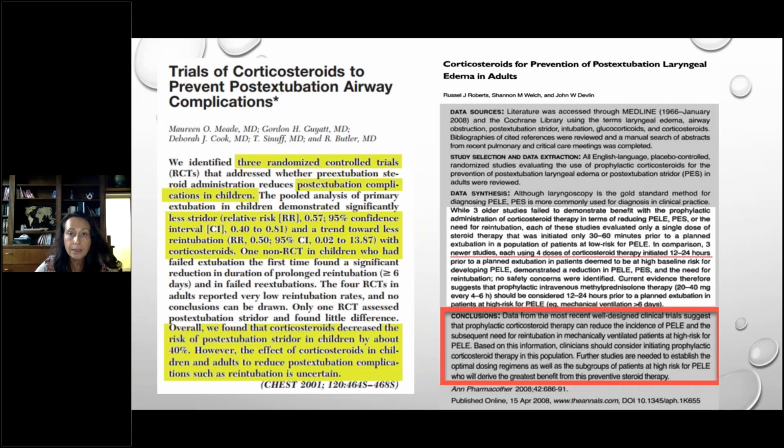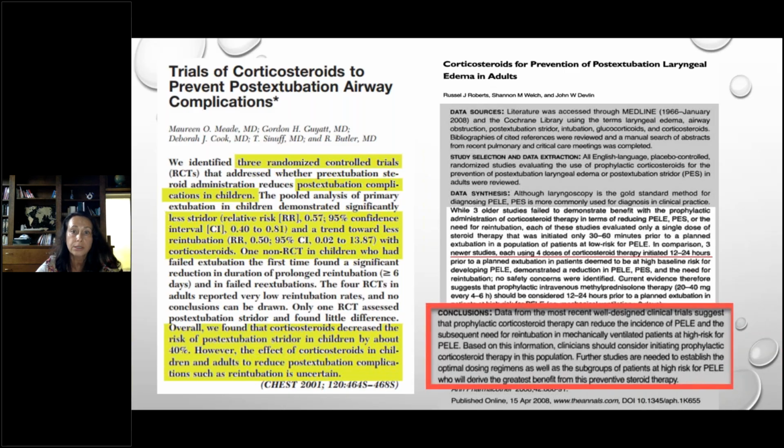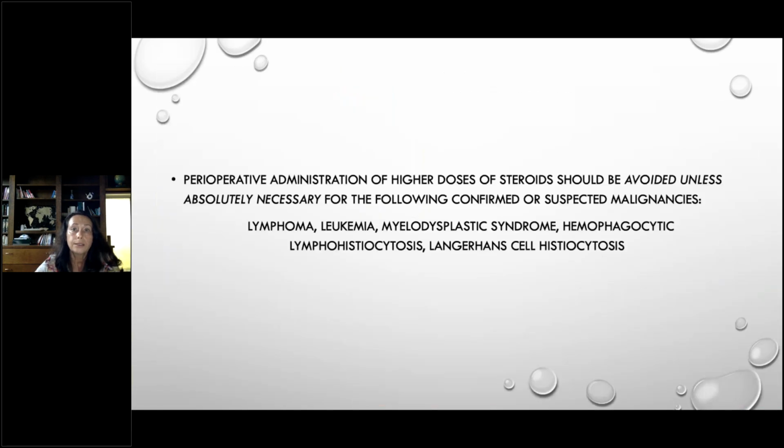A meta-analysis actually showed that it can have some degree of benefit, especially in children, to decrease post-extubation stridor, rather than reintubation rate. It was also shown that if the steroids were administered earlier, maybe 48 hours before extubation, it did show improvement in the incidence of post-extubation laryngeal edema.